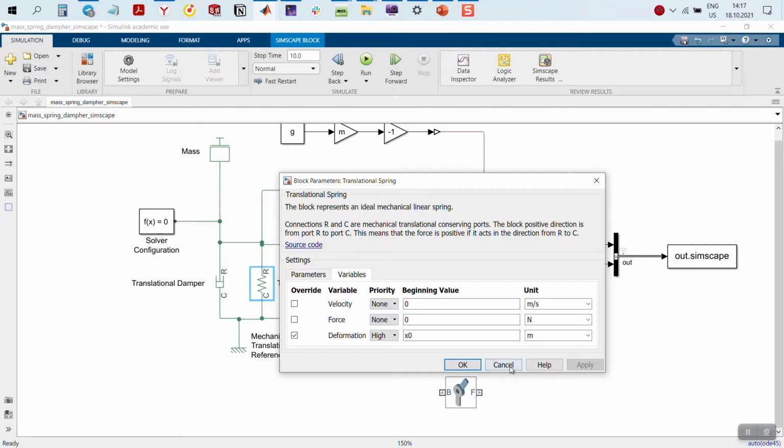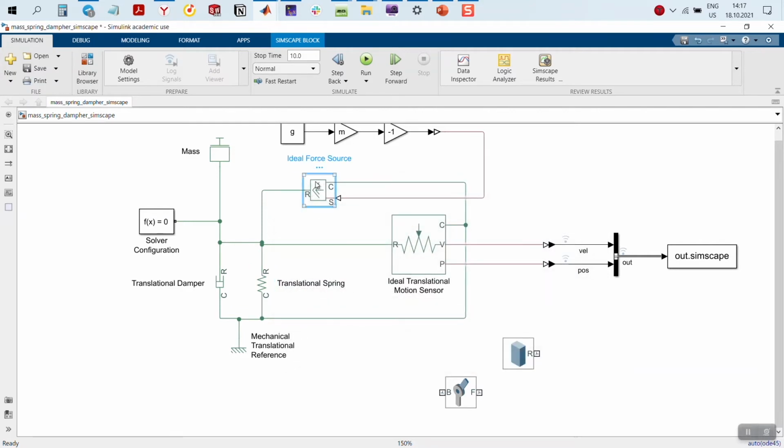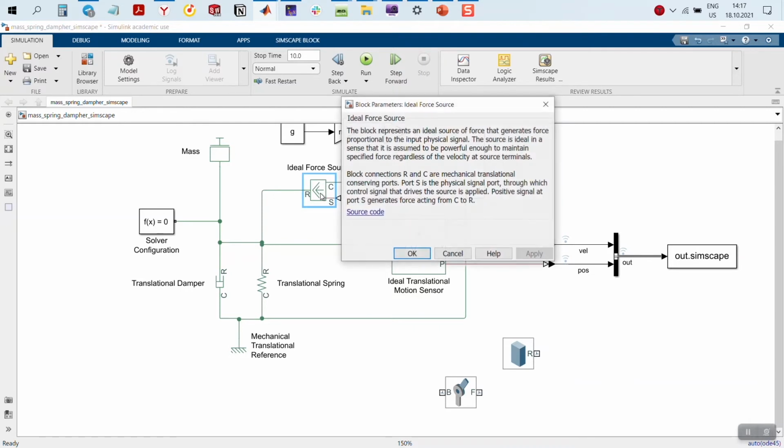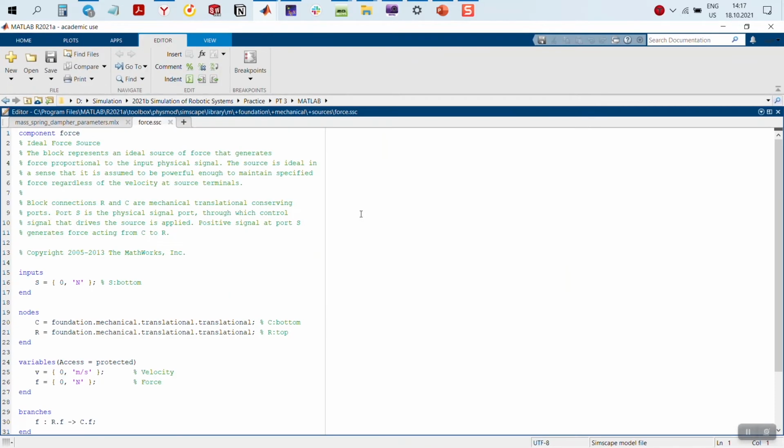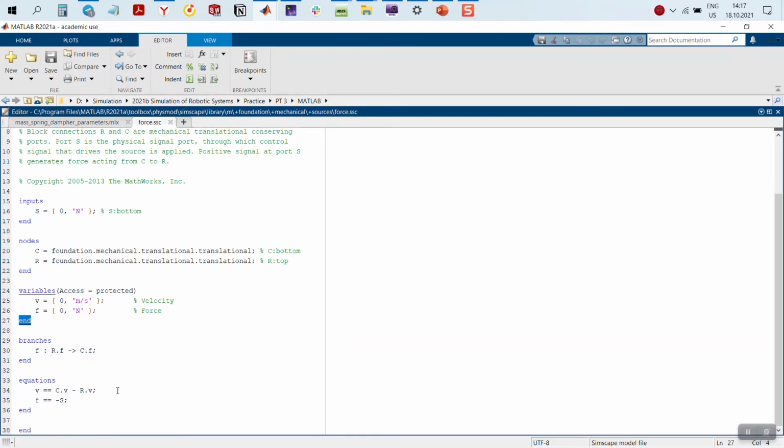Those two, it's ideal force sensor source. So this one is like a source of effort. And if we go to the source code, we can think about it. So the force and the velocity. You can analyze it and you will come up with the same equation as in bond graphs.